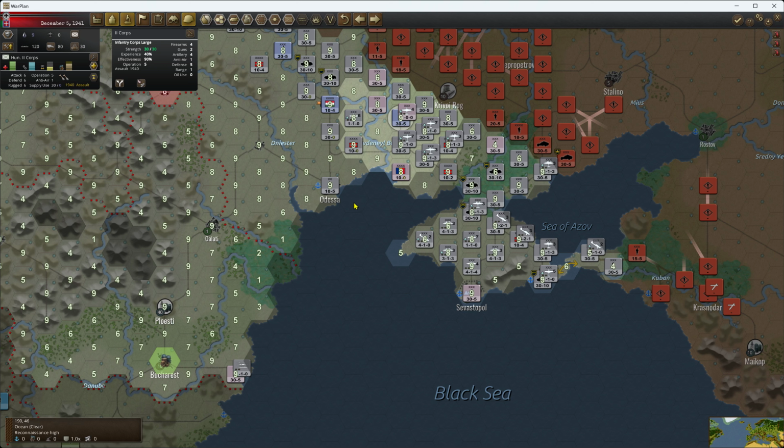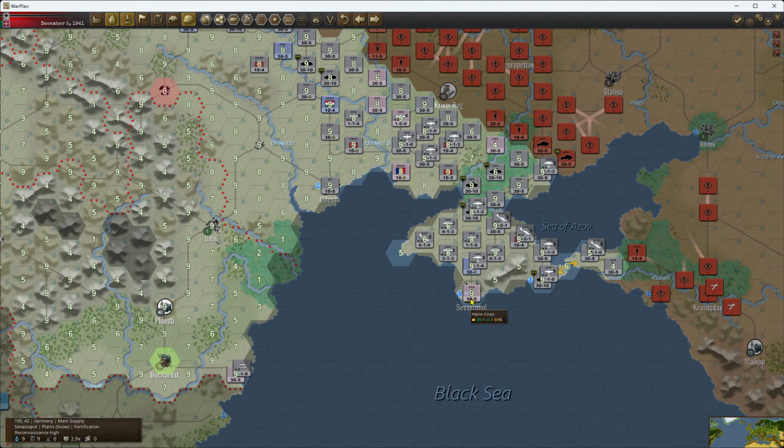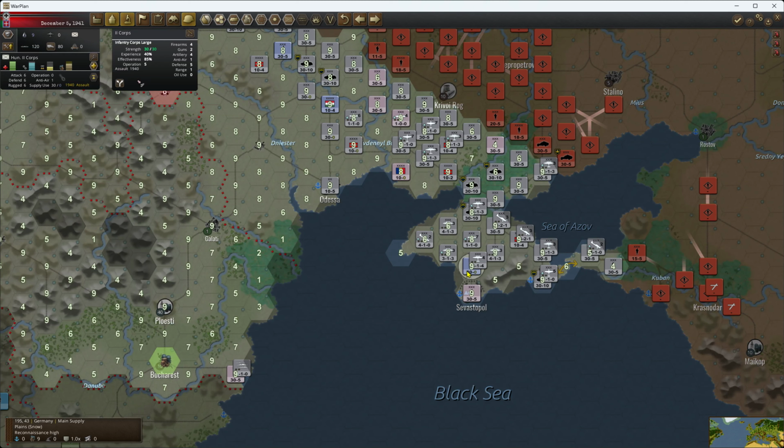See if he can move by rail. Oh, he can. So he'll move down here. Of the Hungarians. Hold Sebastopol. I'll have to get this guy out of here. Next turn I'll do the switcheroo. Okay, let's check our oil situation.